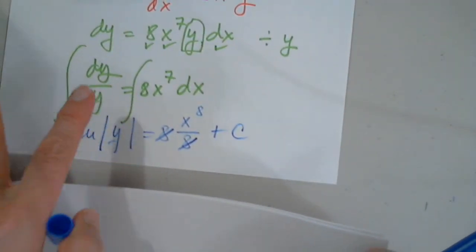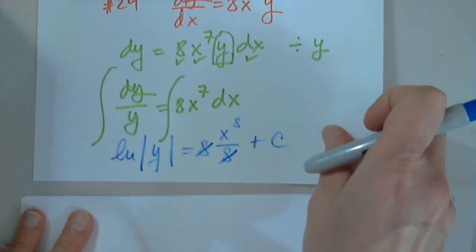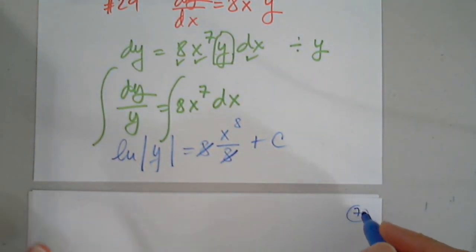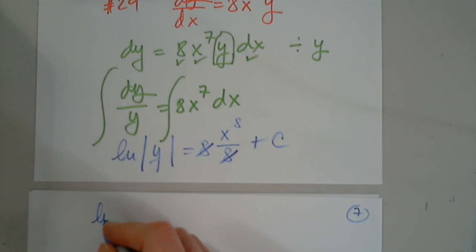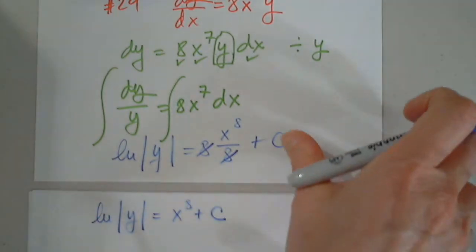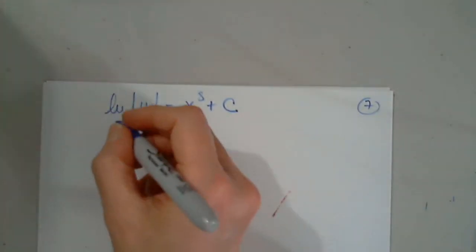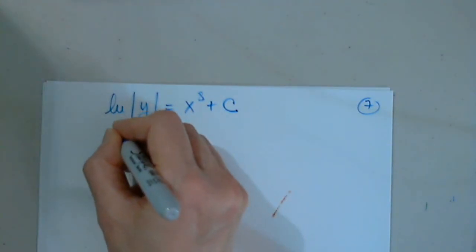So then, I think I am on page 7, yes. So next, I will write natural log of the absolute value of y equals x to the 8th plus c. And remember, this is a log equation, and the base of natural log we know is e.